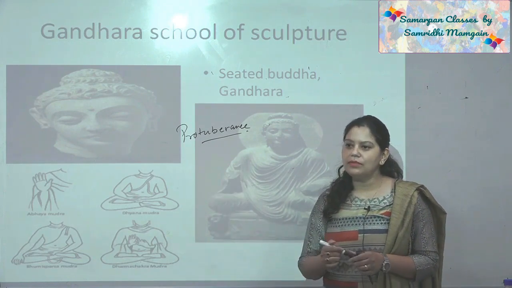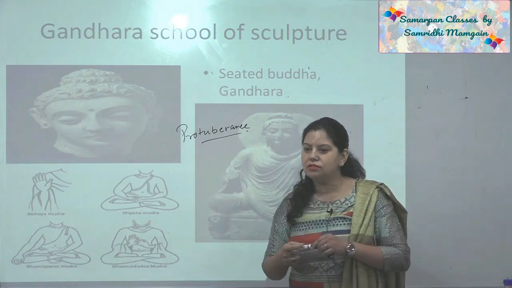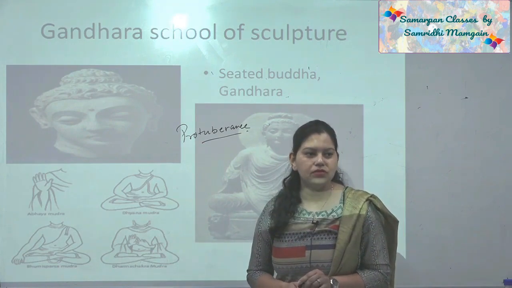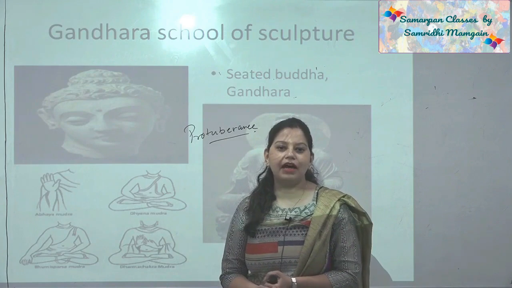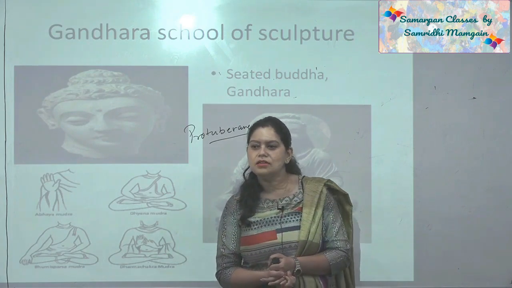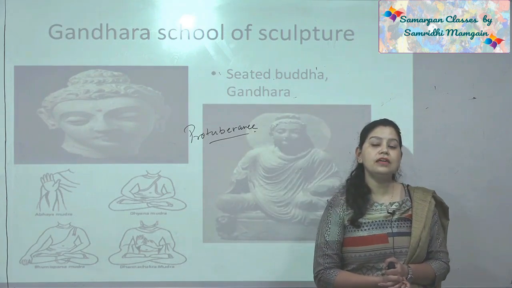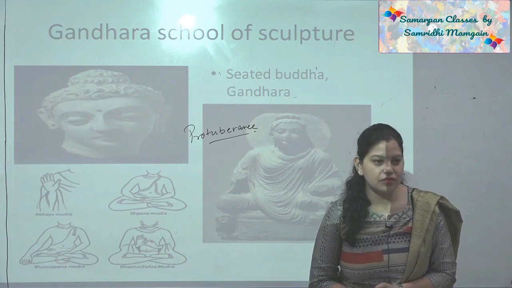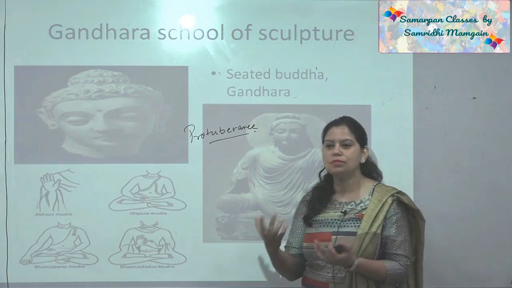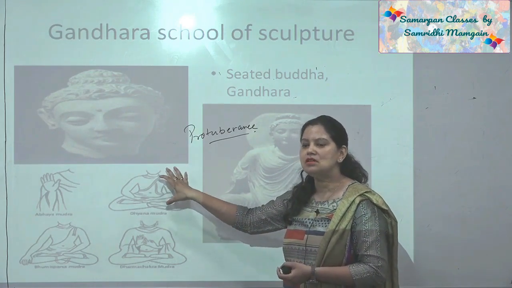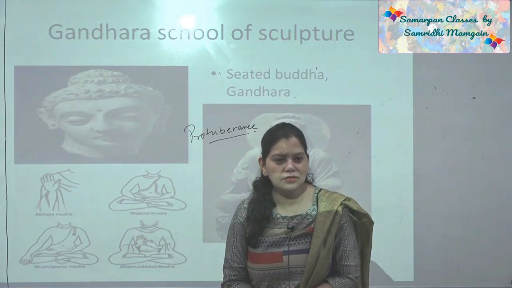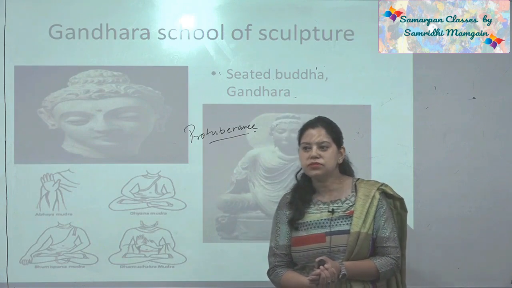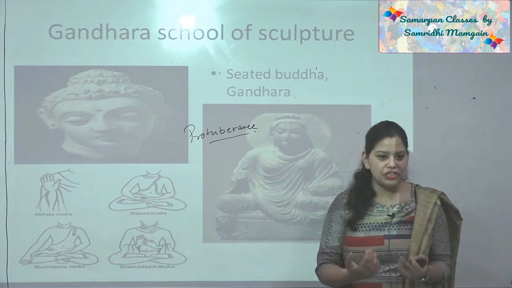So this was all about the Gandhara school of sculpture. Since this school developed in the Afghanistan, Pakistan area, it was influenced by Greek sculpture. So how Greek gods were represented, some of the features were taken and Buddha was represented in the same manner. He is also shown in some statues having a mustache and beard.